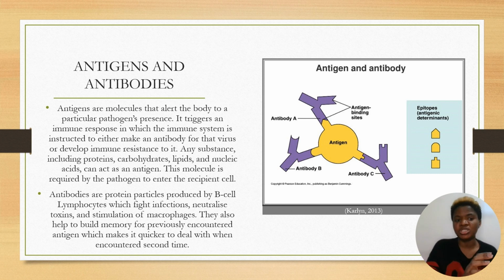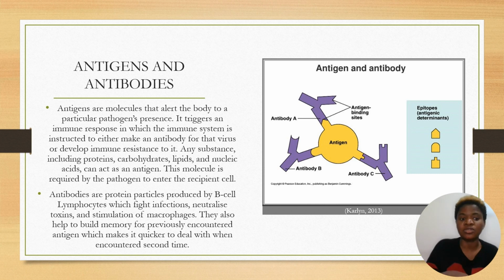Now an antigen is a molecule that alerts our body that something that is not itself, that is not self, is present. It triggers an immune response in which the immune system is instructed either to make an antibody for that virus, or to develop an immune resistance to it.